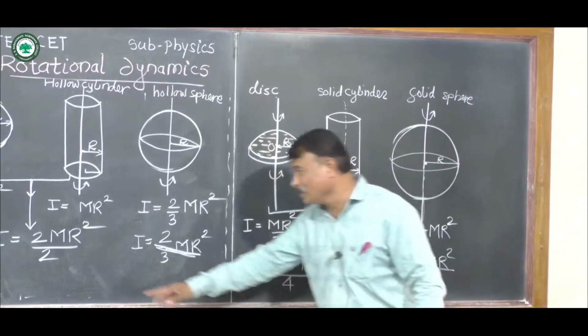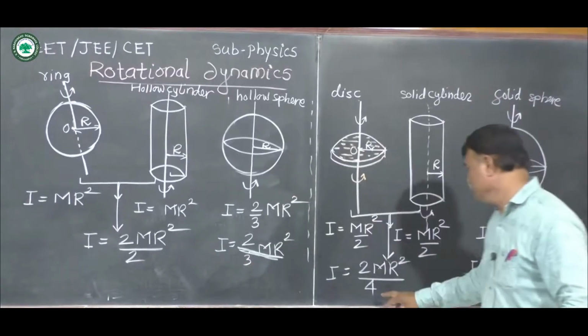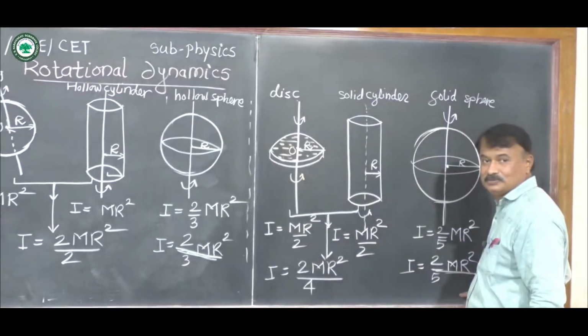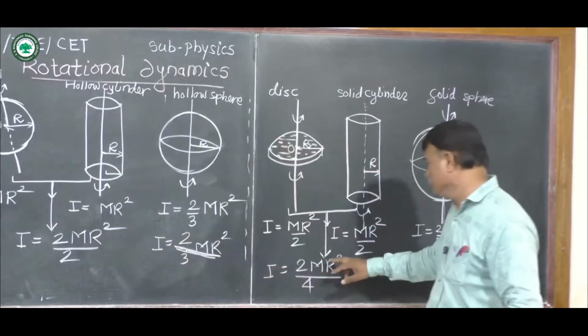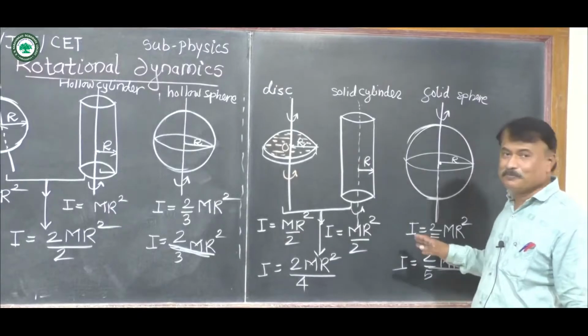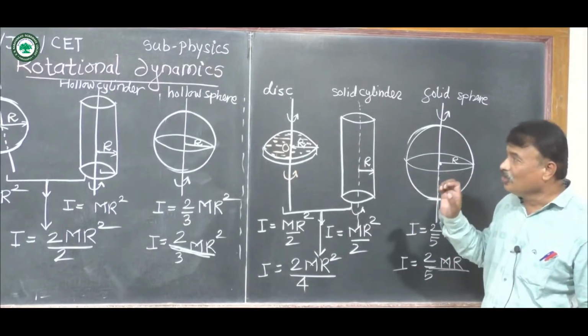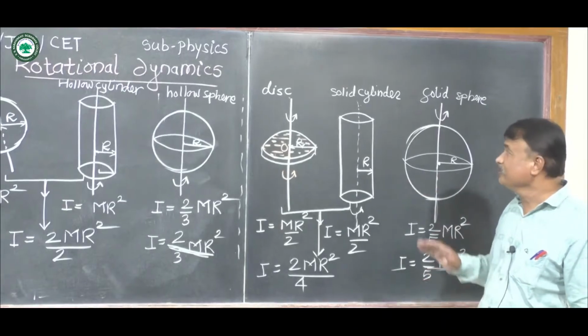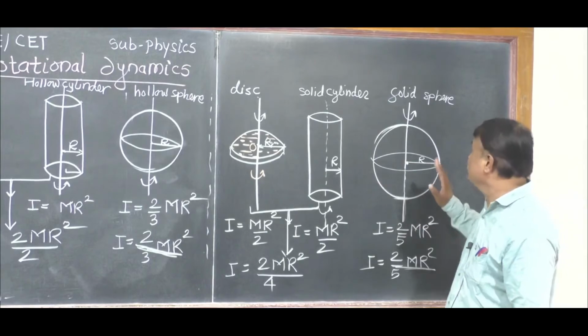So we increase this digit by 1, 2, 3, 4 and 5. But the upward side is common, 2 mr square, 2 mr square, 2 mr square and 2 mr square. So in this way we remember the moment of inertia for a ring, hollow cylinder, hollow sphere, solid disc, solid cylinder and solid sphere.